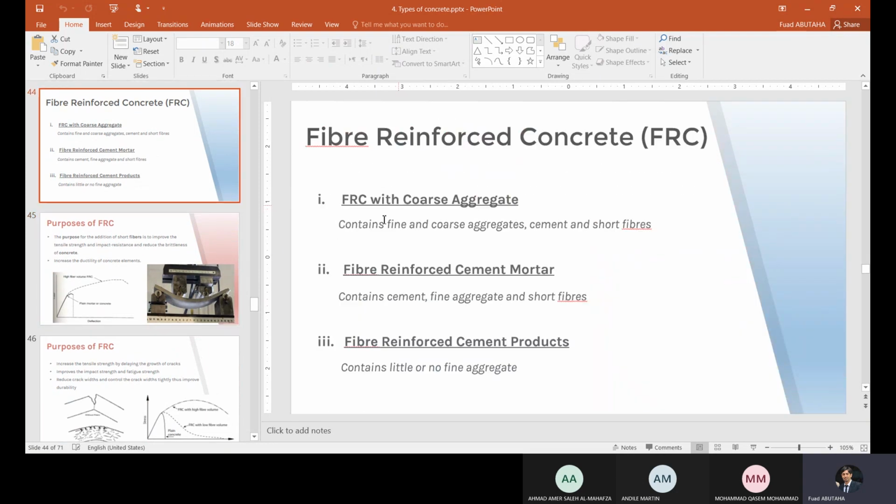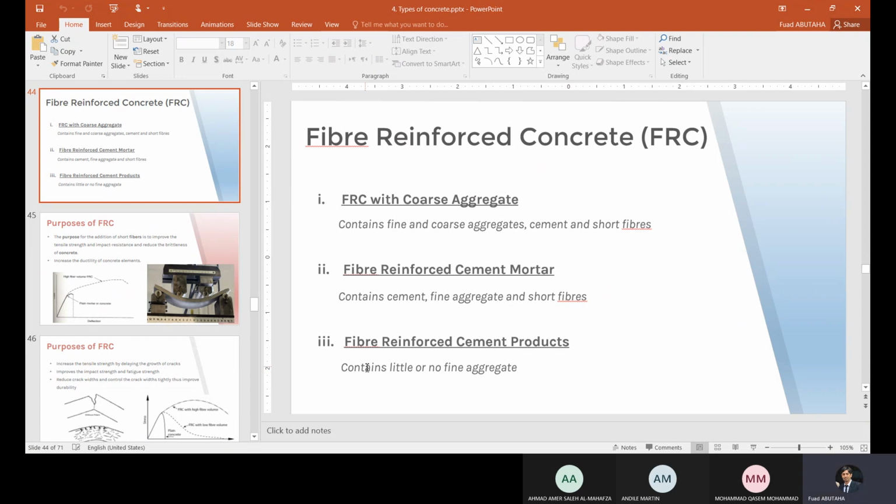So fiber can be used in the concrete, if we have fine and coarse aggregate, the normal concrete, or it can be used also in cement mortar, which is cement, water, and sand, and we add fibers. Even if we don't have coarse aggregate in the mix, or just have a little amount of sand.